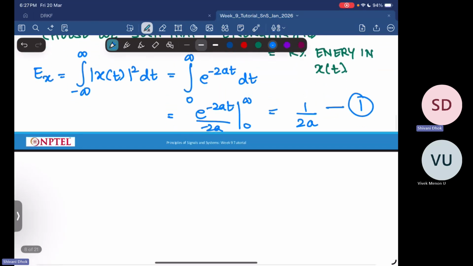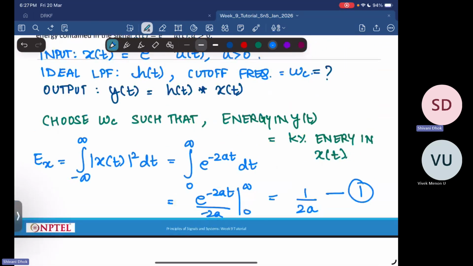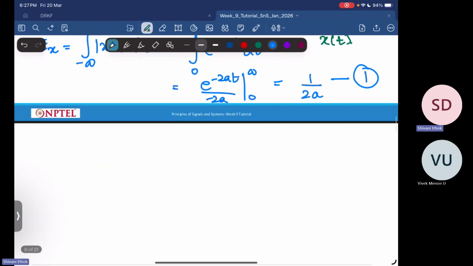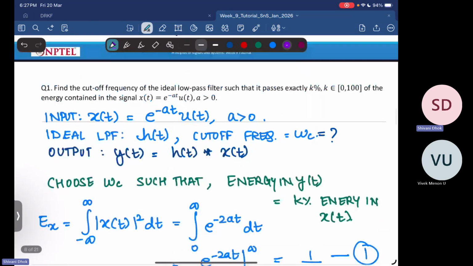Now we have this energy in x. We want to find energy in y of t, that is your output. So how is this obtained? This Ey is integral minus infinity to infinity magnitude of y of t squared dt. Now y of t we know is the convolution of h of t and x of t, and h of t, being an ideal low pass filter, is a sinc function.